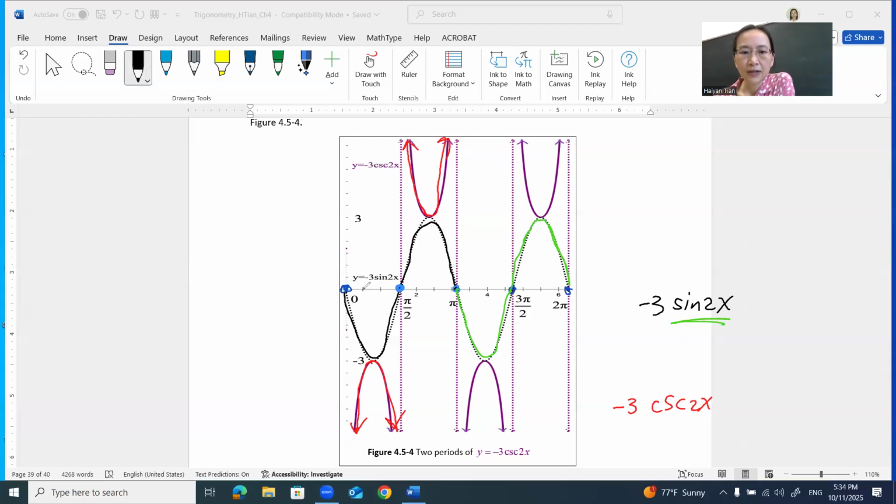You see, 0 to pi is 1 period. From pi to 2 pi, that's another period. Another period of the sine function will help us sketch another period of this cosecant function. So let's have another period of cosecant.